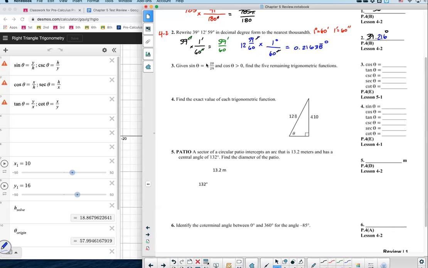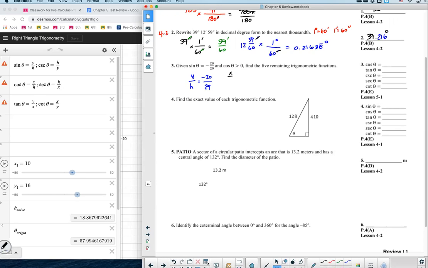Sorry about that. So I'm going to do a substitution where sine is y over h. So I'm going to rewrite this saying that y over h is equal to, now h is always positive, so that negative has to go with the y. And it says cosine's positive, which cosine, if you look over here, is x divided by h.